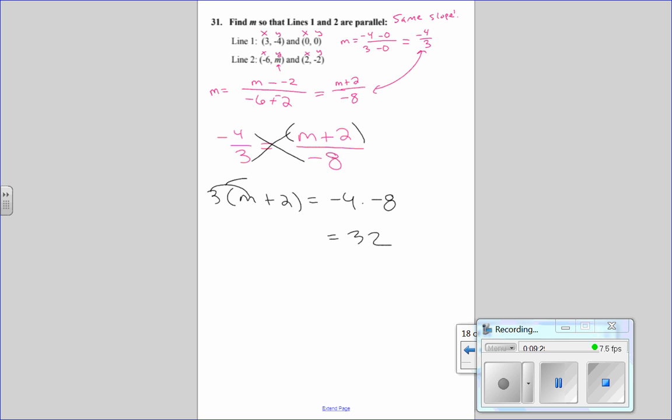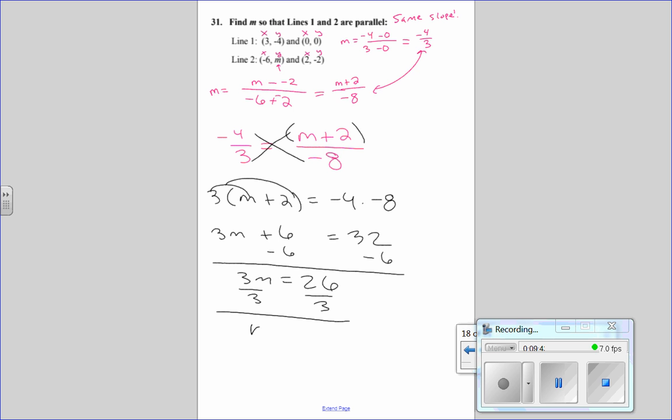And then I'm going to distribute this 3 in. So it's going to be 3m plus 6. We'll go ahead and subtract 6 from both sides. Get 3m equals 26. Is this going to be a fraction? What did you end up getting? 8.6 something? I'll just leave it 26 over 3.